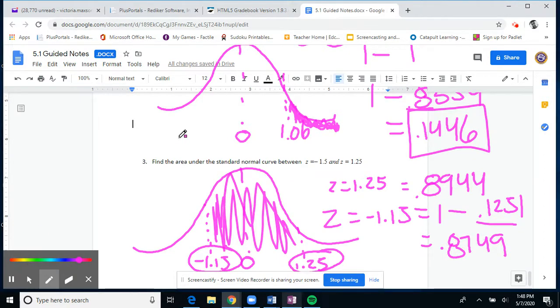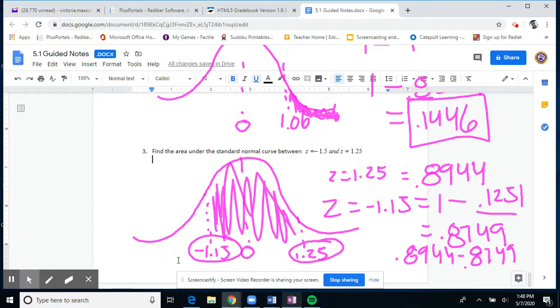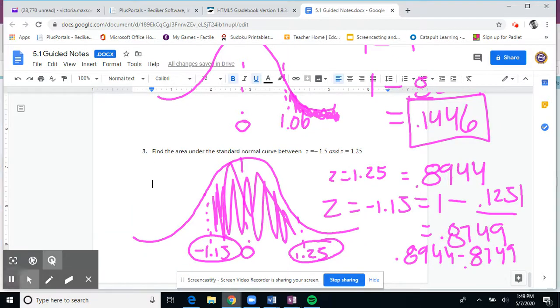And our last step is to subtract these together. So 0.8944 minus 0.8749, and our final answer is 0.0195. 0.0195 would be our final answer for that one. And that is how you find the area under the curve.